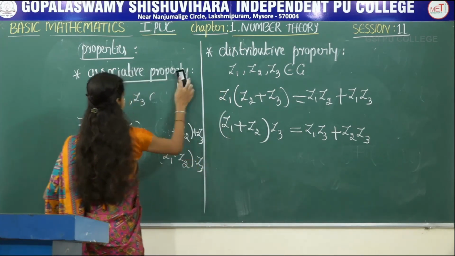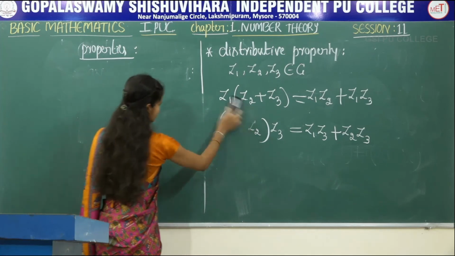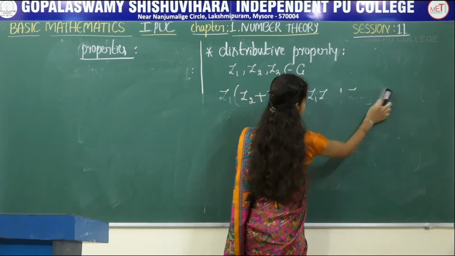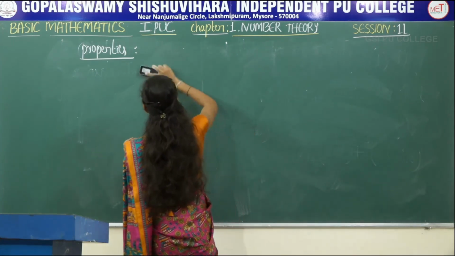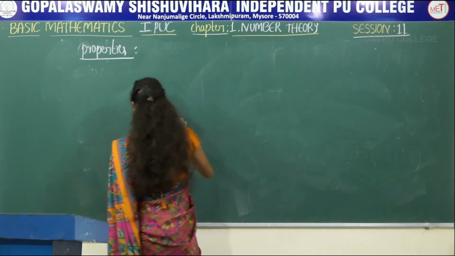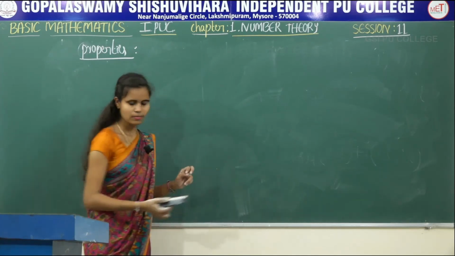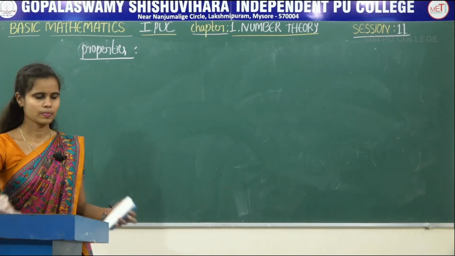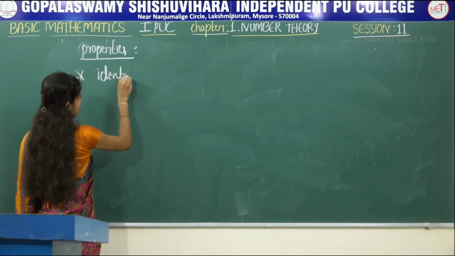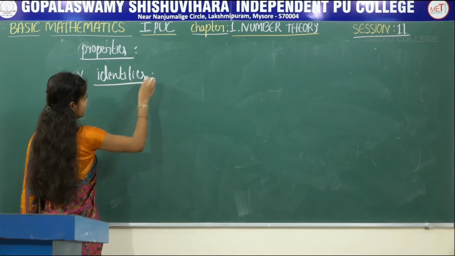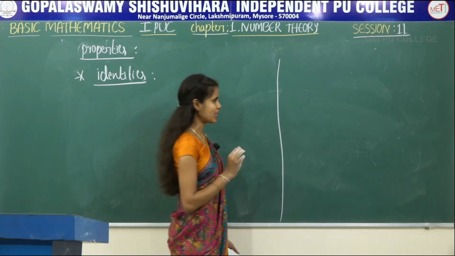Okay, next property: identities. We have two types of identities, one is the additive identity and another is the multiplicative identity.